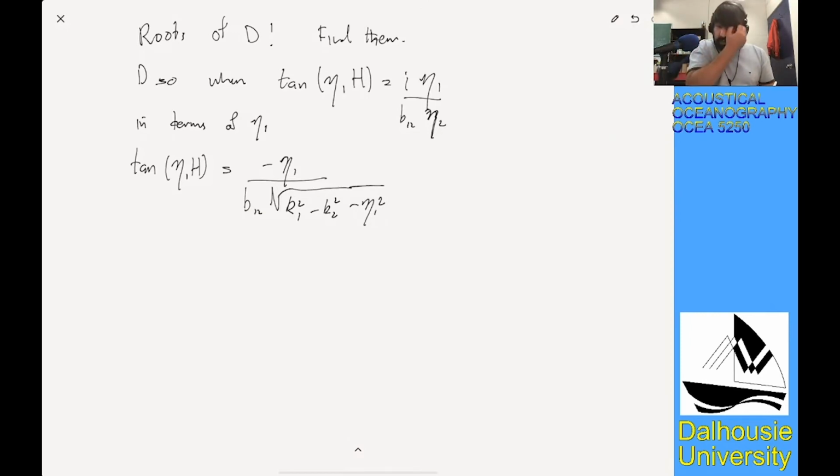Now let's simplify this a little bit. We're using some relationships between the wave numbers, the same way we exploited last time. Eta 1 h is going to equal m pi, because when we take the inverse tan, we can have repeated solutions here.